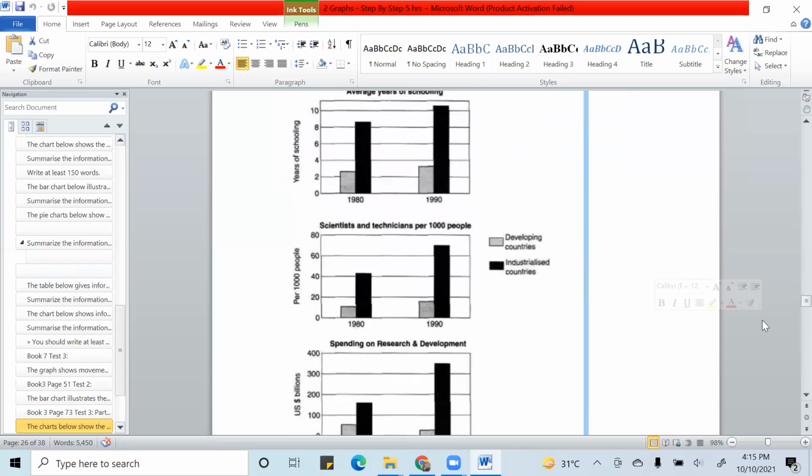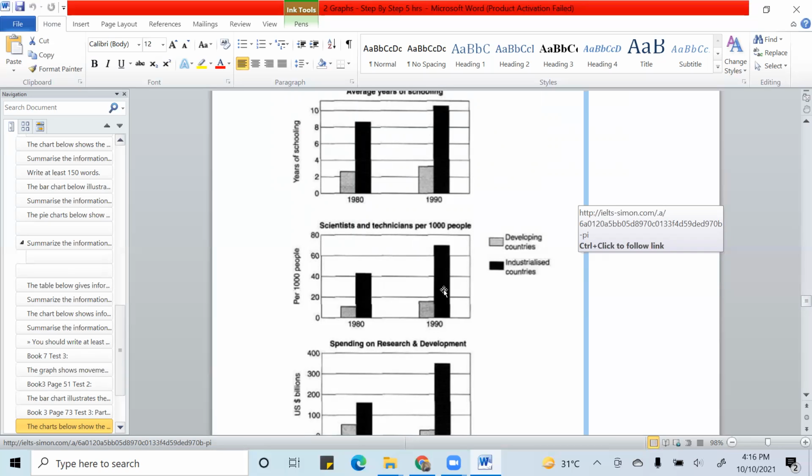The second one talks about scientists and technicians per thousand people. So this is like, what is the proportion of scientists in the countries? Again, in both of the countries it has increased, but the increase in industrialized nations is substantial, quite impressive as compared to the developing countries.